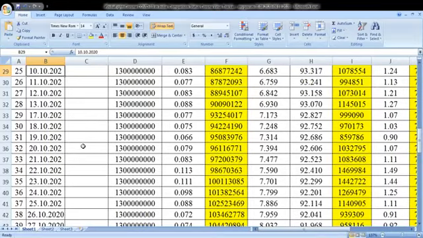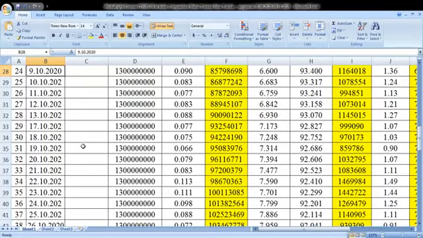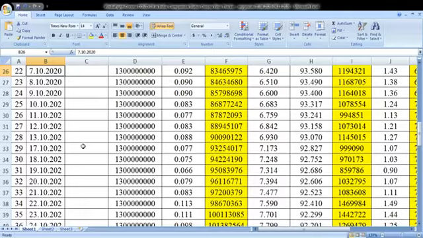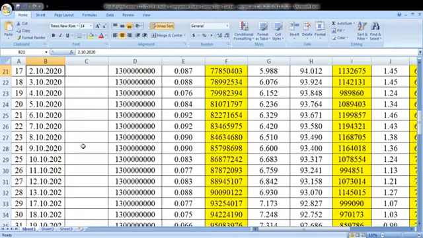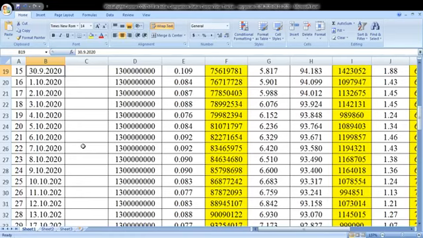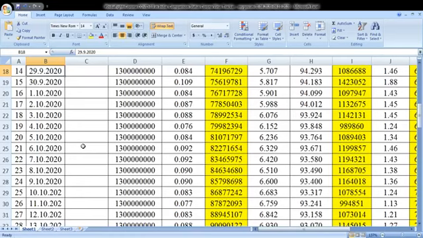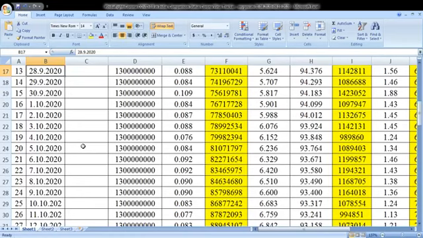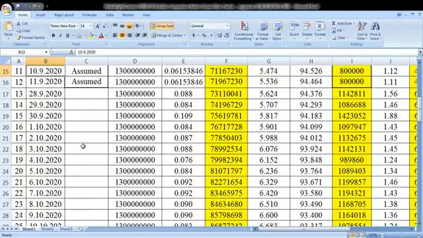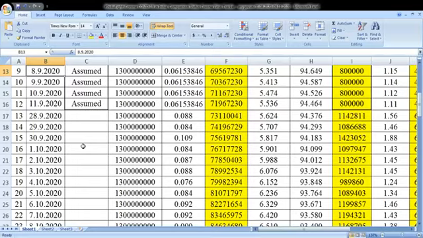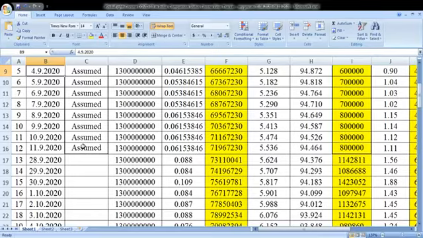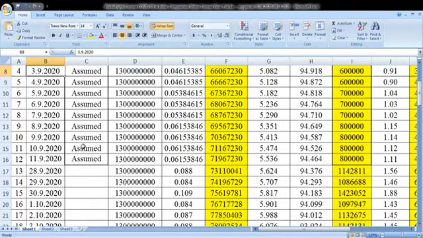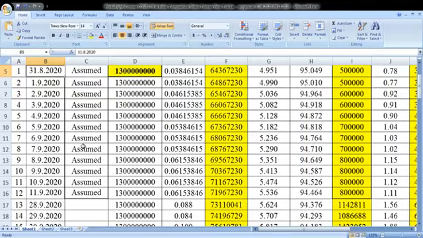12/10, 11/10, 10/10, 9/10, then 8/10, 7/10, 6/10, 5/10, 4/10, 3/10, 2/10, 1/10, then 29/9, 28/9, 11/9, 10/9, 9/9, 8/9, 7/9, 6/9, 5/9, 4/9, 3/9, 2/9, 1/9, and 31/8.